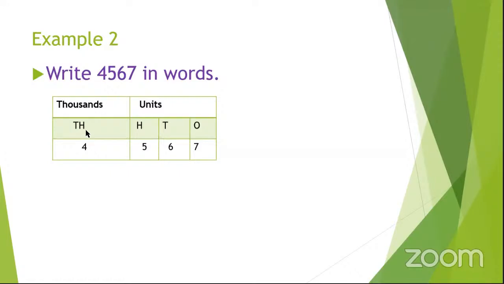Now, how do we write this number in words? So we shall take 4 and the name of each group. So we shall say 4 thousand without an S. Since it is a different group, we put a comma there. So we say 4,000, comma, 567.